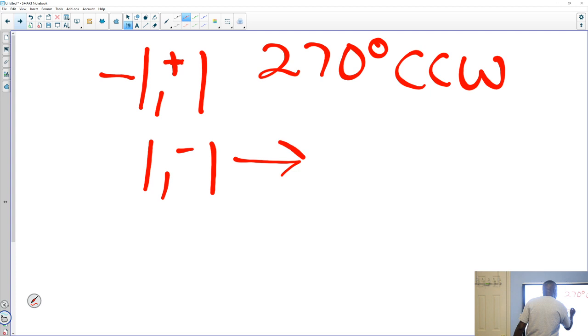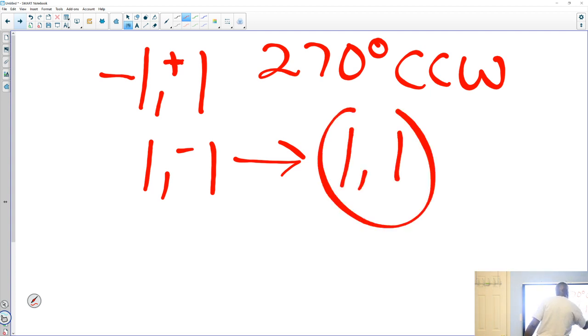And then, what did I tell you about 270? You change the second number. Your answer is going to be 1 and 1. You see where I flipped it right there, and then I changed the second number for 270 counterclockwise.